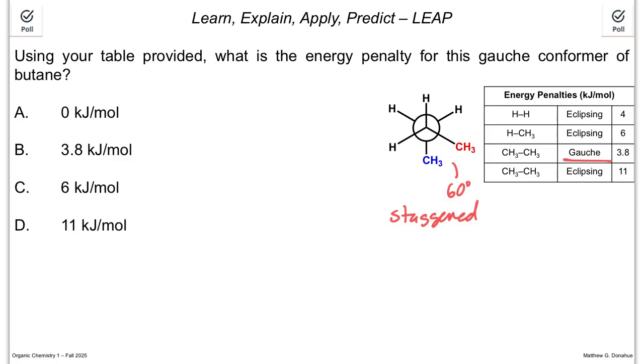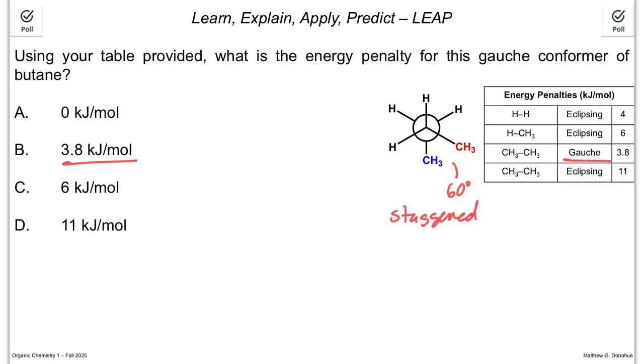Left means left. How that translates to this, I'm not sure. But that is +3.8. And again, that's only for a methyl gauche. So even though it's staggered, it's not the lowest energy staggered conformer.